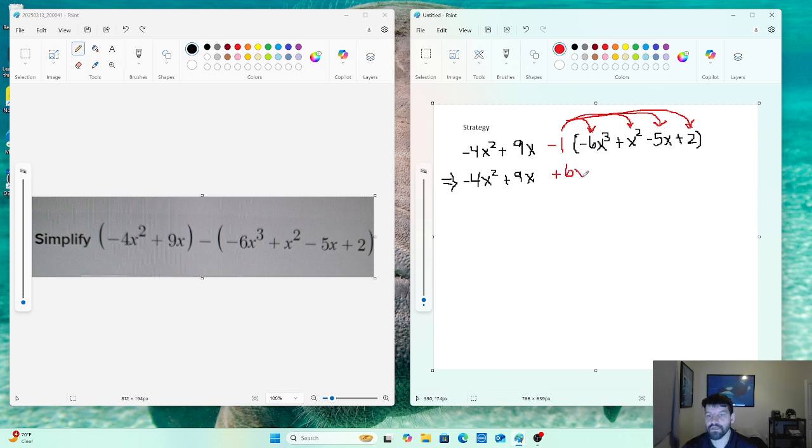So you're going to see how this undergoes a sign change. -1 times positive x squared is negative x squared. -1 times negative 5x is positive 5x. And then -1 times positive 2 is -2.